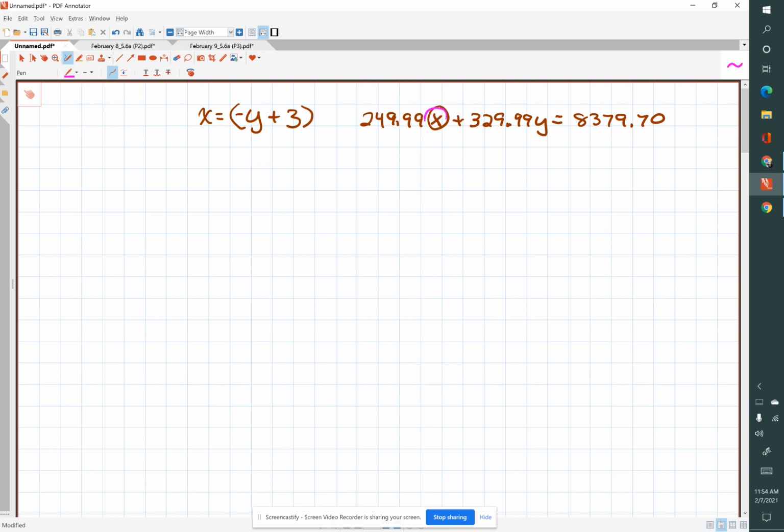So $249.99 times, instead of x, negative y plus 30. Okay, now I have to finish writing the rest of the problem. Plus $329.99y, we're going to solve for y in this problem, equals $8,379.70. First, we distribute.